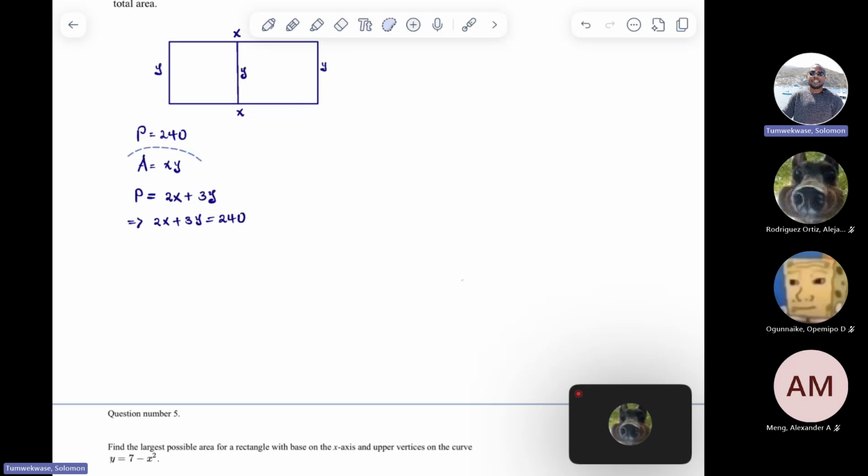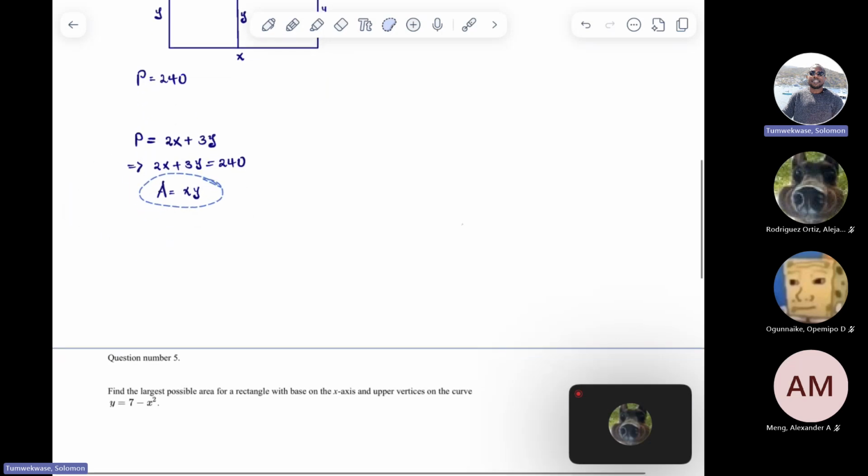Once again, we have our area as xy. I can substitute for y if I want. Which one is easier to substitute for?